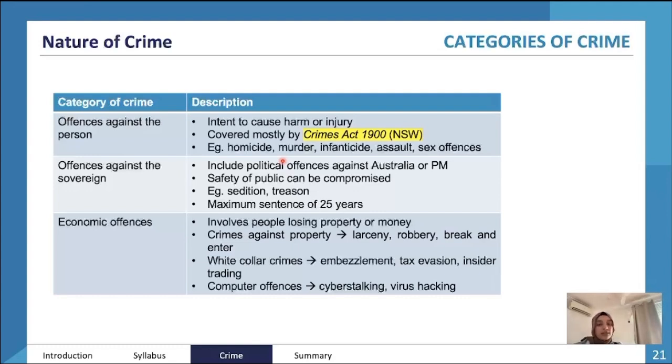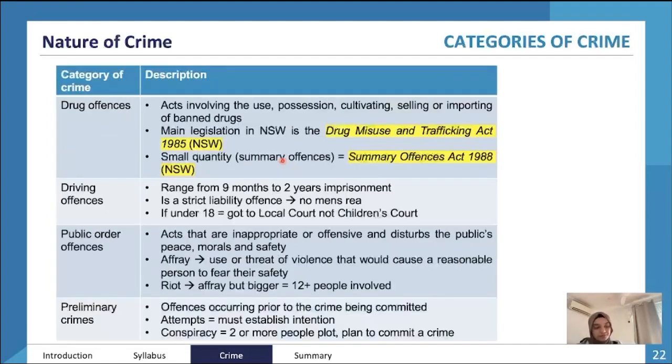White collar crimes are things like embezzlement, tax evasion, so avoiding taxes, not paying taxes, and insider trading, so gaining benefit by having private information be shared amongst a group of people so that they can benefit before it goes out to the public. Computer offences, so cyber stalking and virus hacking, are all examples of computer offences. I'm sure that most of these are pretty obvious to all of you.